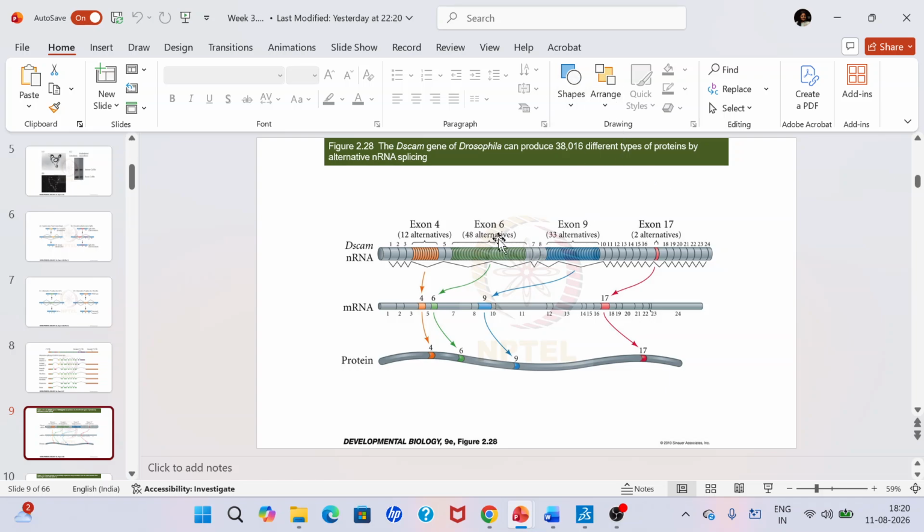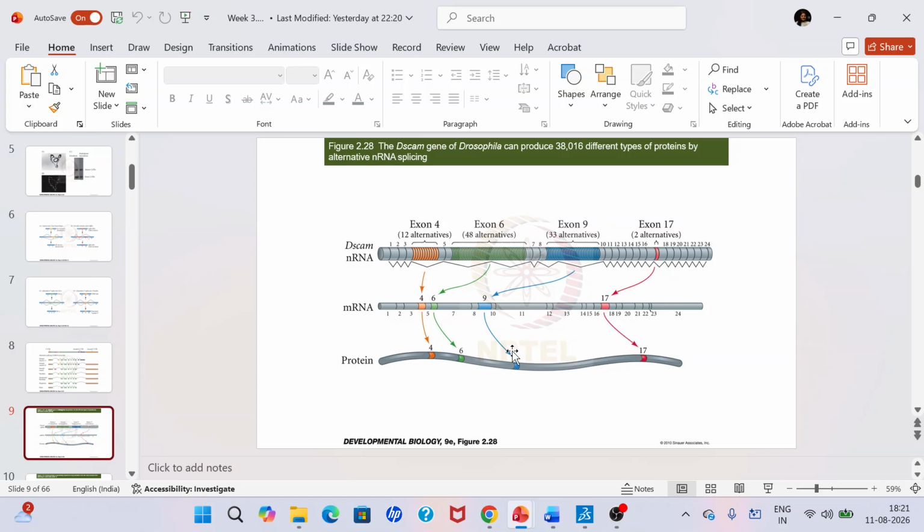Basically, if you can see, in exon 4 there are 12 alternatives, in exon 6 there are 48 alternatives, in exon 9 it is 33 alternatives, and in exon 17 they have 2 alternatives. So if you do a permutation combination of these different exons, you can have 38,016 different types of proteins or expression from this single RNA.